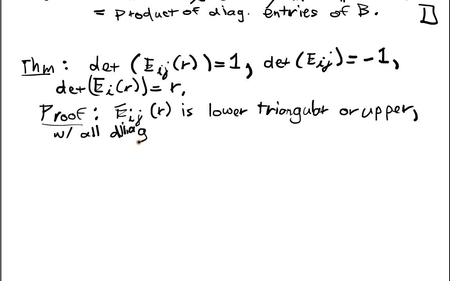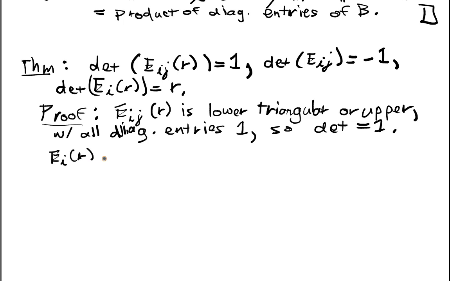So the determinant is also equal to 1. It's just the product, by our last theorem, of all the entries there. Also, Ei(r) is lower triangular or upper triangular; in particular, it's just diagonal.